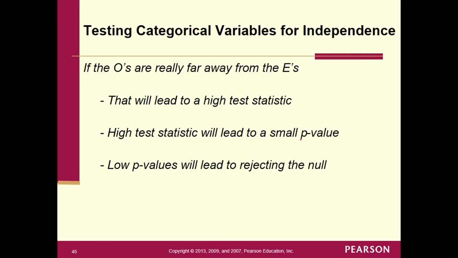Low p-values will lead to rejecting the null and the conclusion that the variables are dependent. So the expected cell counts are what we would expect if things were independent. And the further away the observed are from them, the more it's showing that the variables are dependent. That's all. That's what the test is doing.